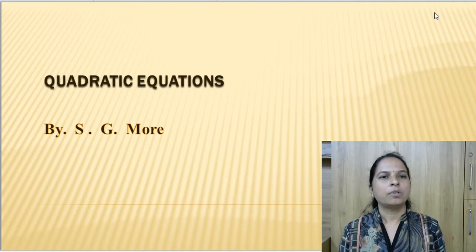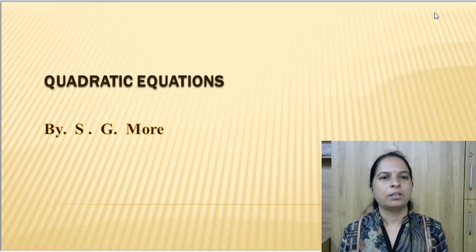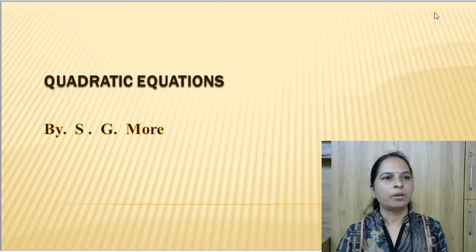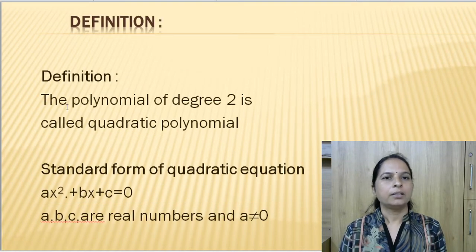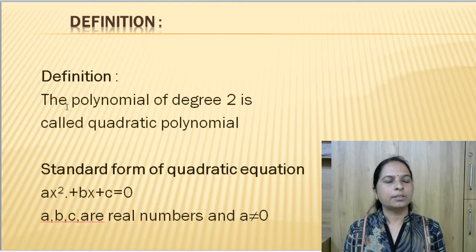So what is meant by a quadratic equation? The polynomial in which the degree of the polynomial is 1 is known as a linear polynomial, and the polynomial of degree 2 is called the quadratic polynomial.